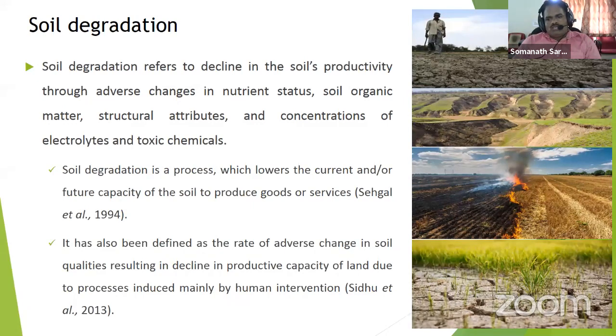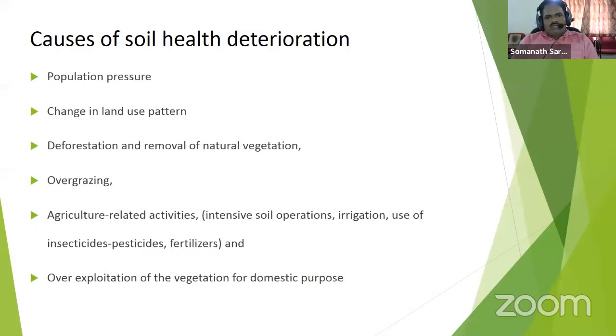Much of the straw is left over in the field, and due to the low budget and different factors, farmers go for burning the straw, and it deteriorates the soil health, because the burning reduces the microbial population, which is mostly important for the decomposition of the organic matter left on the soil surface after the harvesting of such crops and plants. These are some causes of soil health deterioration.